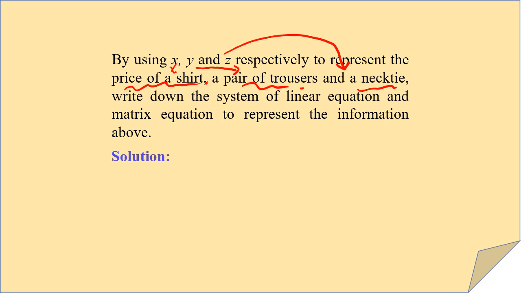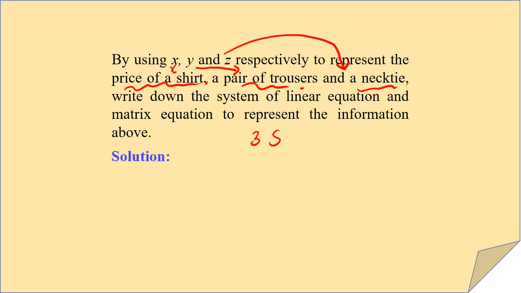If we notice from the table previously, package A has 3 shirts, 2 trousers and 2 neckties.